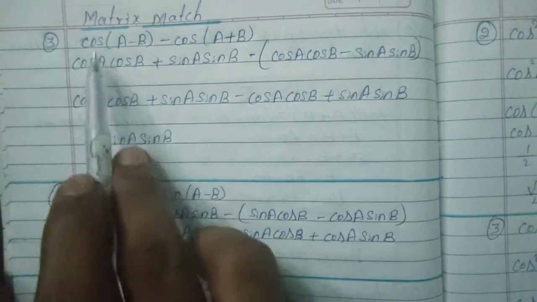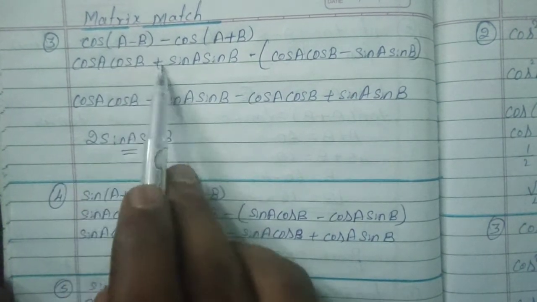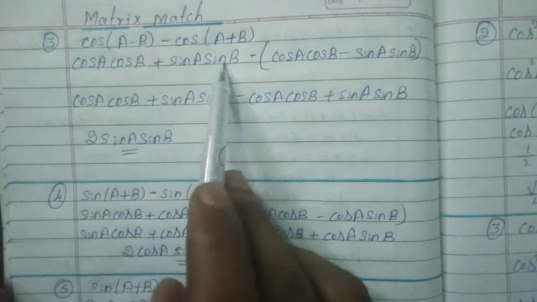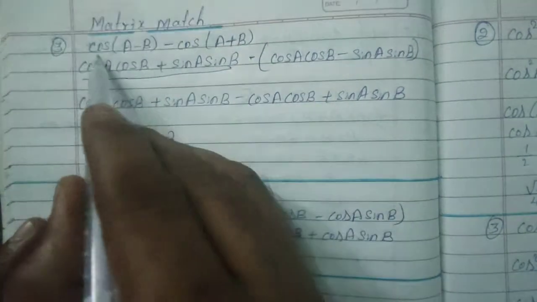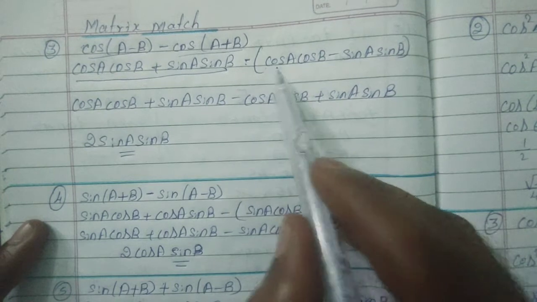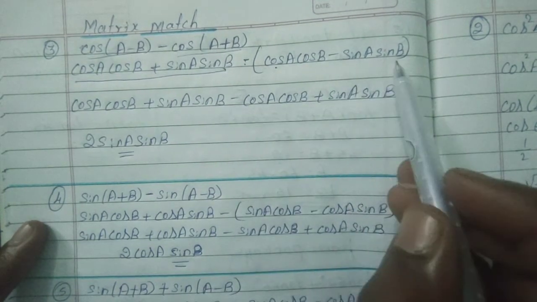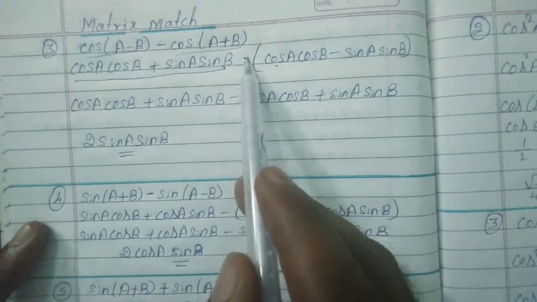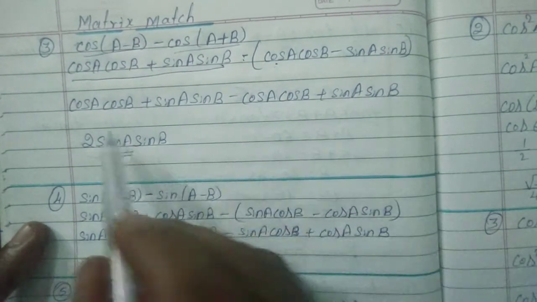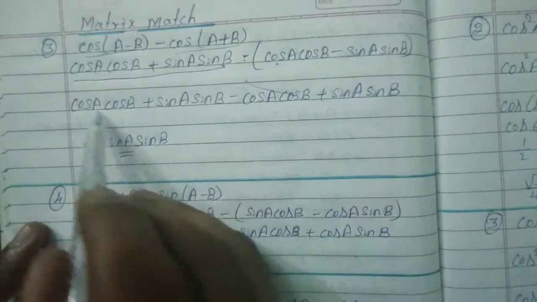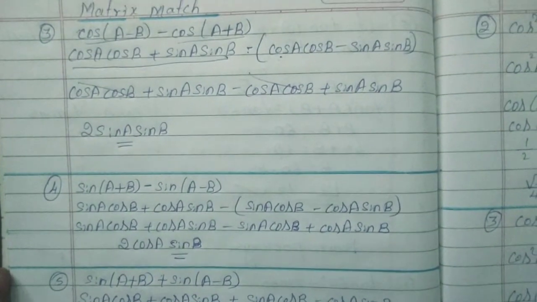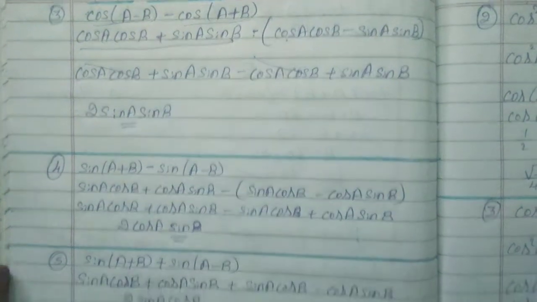Cos(A − B): here the opposite sign, minus, is there, which means we should take plus: cos A cos B plus sin A sin B. This is the formula for cos(A − B). Cos(A + B) formula: cos A cos B, plus is there, which means we should take minus sin A sin B. Now this as it is, minus, remove the bracket: minus cos A cos B, minus into minus is plus sin A sin B. Now cos A cos B and cos A cos B both get cancelled, remaining 2 sin A sin B. Students, I request you by seeing this answer, please match the following.